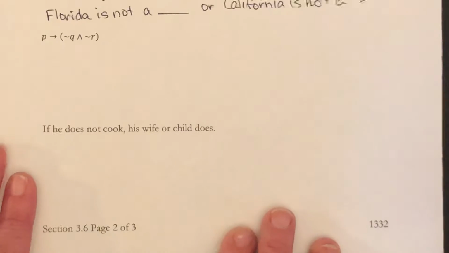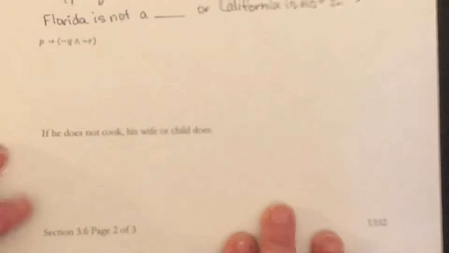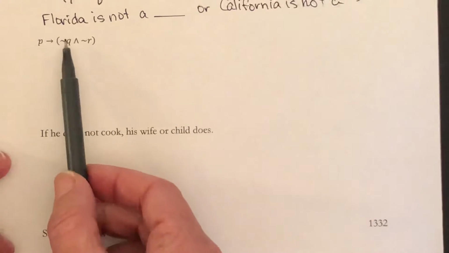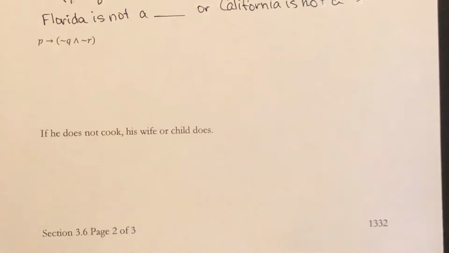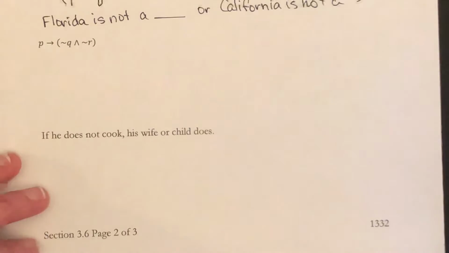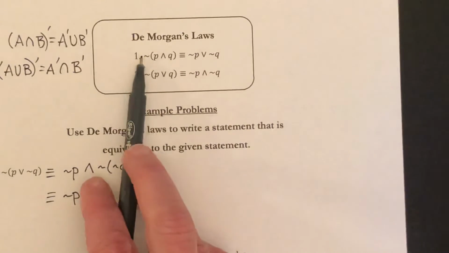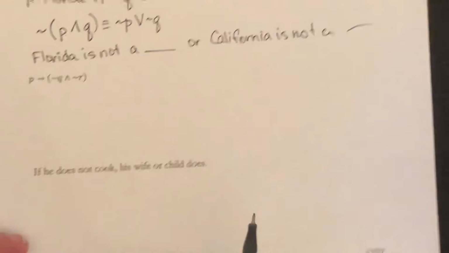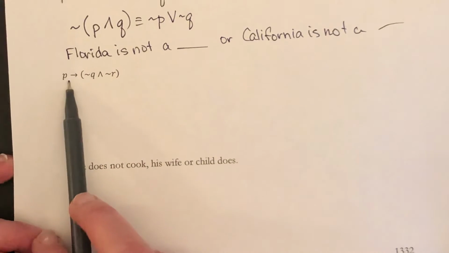Okay, now this one can be a little bit tricky. We know from the directions that we are supposed to use De Morgan's laws, and that means we need a not in front of an "and" or an "or". And I don't really have that right here.